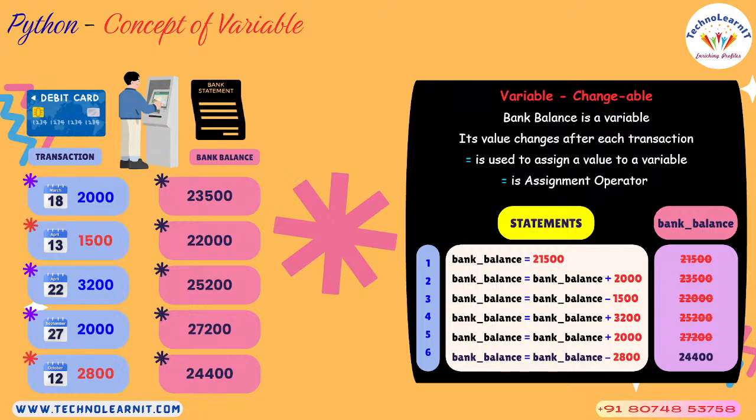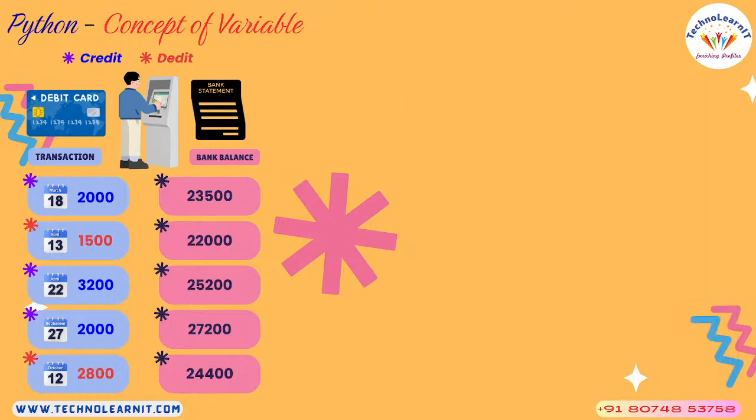However, finally, the bank balance variable keeps changing after each transaction, and finally it would be holding a value of 24,400. This is the concept of a variable. This is the real-time analogy that you can consider to understand the concept of variable in programming. Okay.